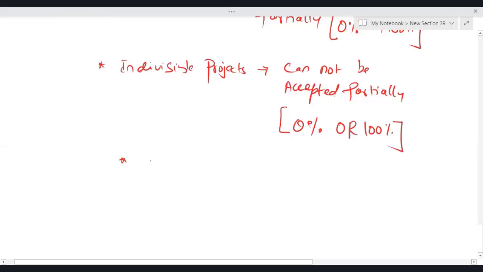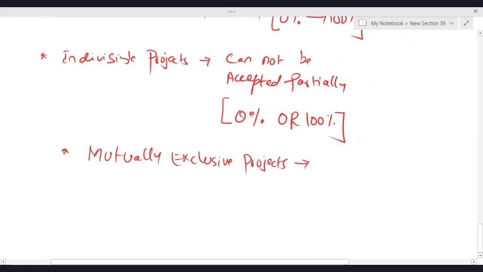If projects are mutually exclusive, mutually exclusive project means rule of OR. If 2 or 3 projects are mutually exclusive, then you can only opt one.